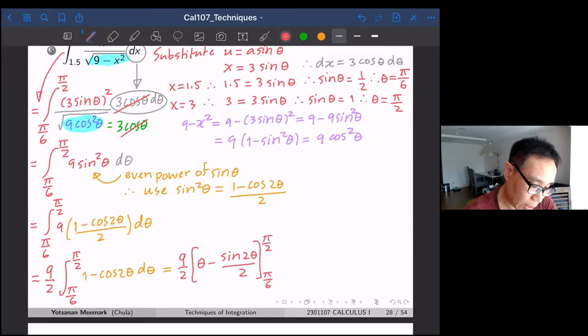Okay, and for this one, it's going to be 9 over 2. So we need to be careful about this calculation a little bit, and I may run out of space here.